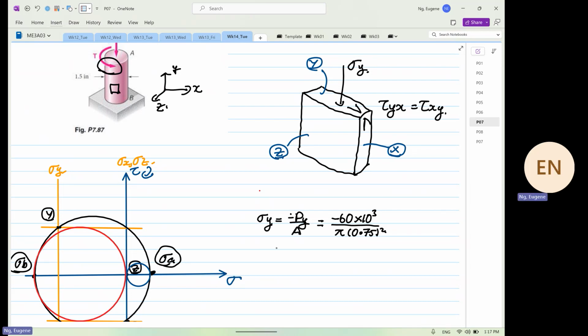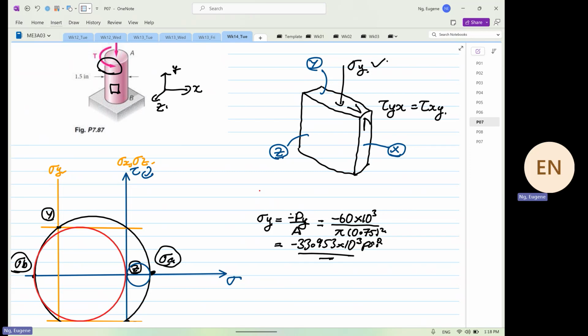So this will work out to be 60 times 10 to the power 3 divided by pi divided by 0.75 squared, which is minus 33.953 times 10 to the power 3 psi. So we found our stress Y value.